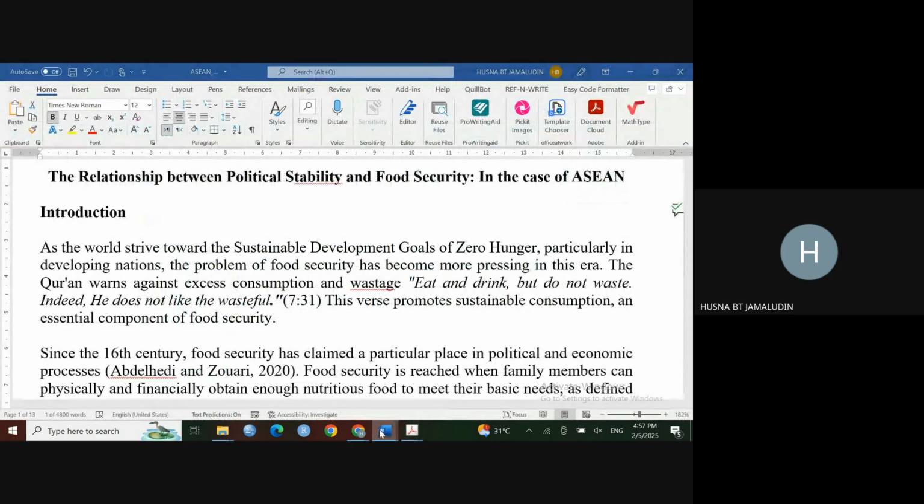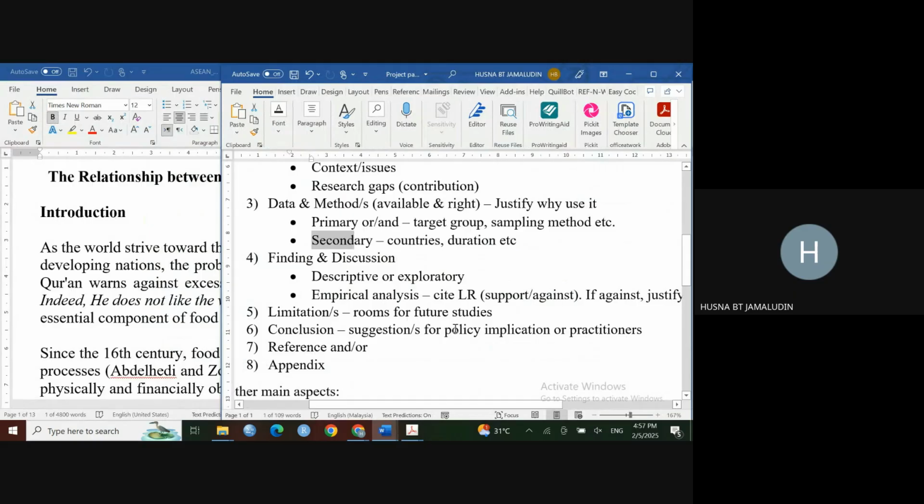And then now, let's move to, yeah, we are on the methods and data, right? Basically, of course, the LR, the literature review, will help you to find the right method. And the literature review can also advise you with regards to the data.